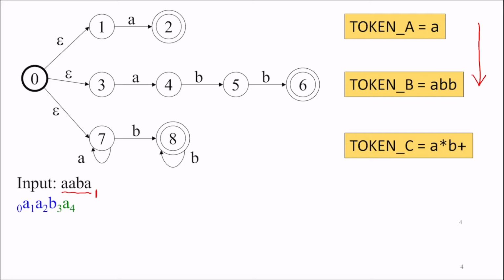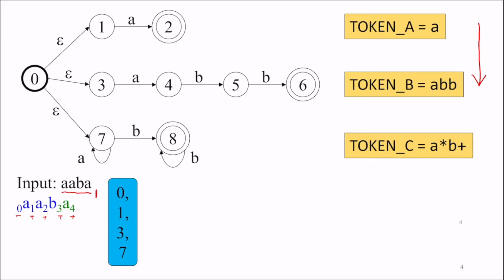Okay, so let's put some numbers here so that we can track where we are in the input string. So we have up to position 1 here, 2, 3, and 4. Okay, so when we start, think of it as the NFA simulation or NFA recognition algorithm.